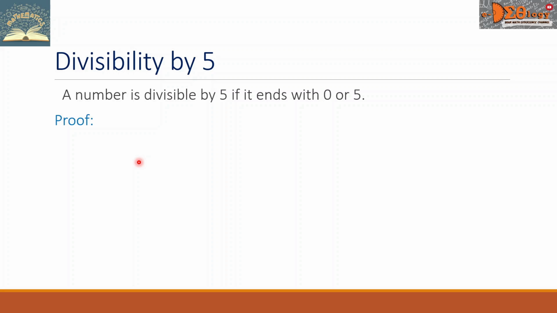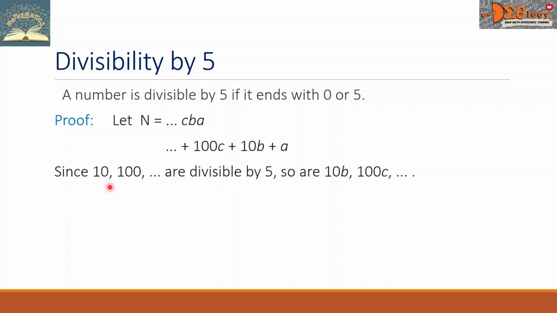Here's the proof. Let capital N equal ...CBA, a 3-digit number. But we know that these 3 dots represent some numbers in front of the CBA. We can write this in general form. So we have ... plus 100C plus 10B plus A. Since 10 and 100 and some numbers are divisible by 5, so are 10B, 100C, and so on.